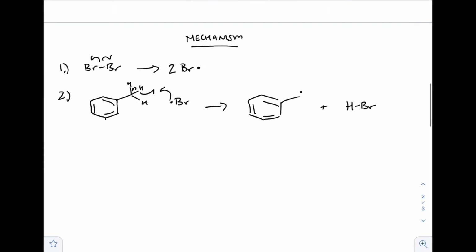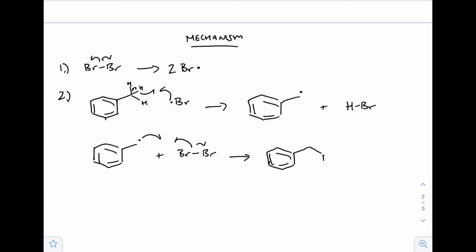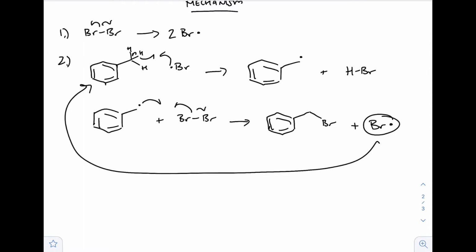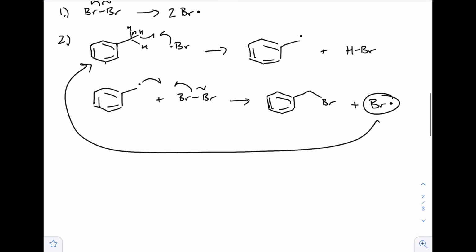Now we can take that benzylic radical and have it react with an additional equivalent of Br2 that yields the desired benzylic bromide compound as well as another Br radical. Now this Br radical can come back around and react with another toluene or methylbenzene and get it going again. So that's your propagation step.